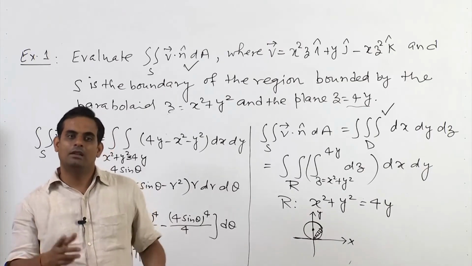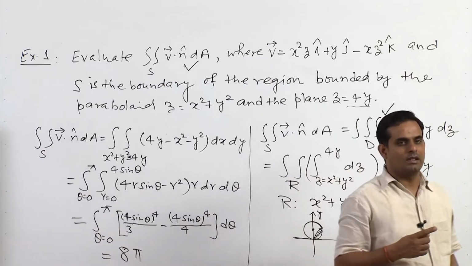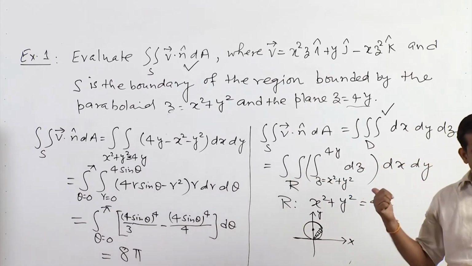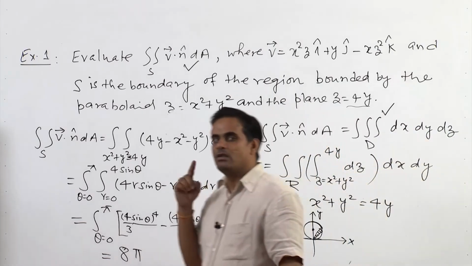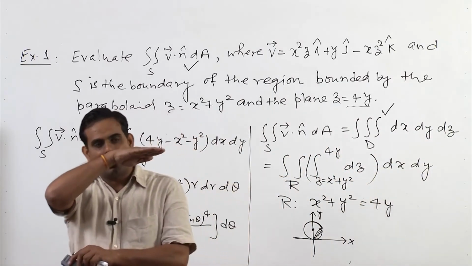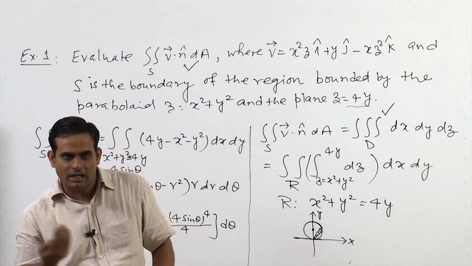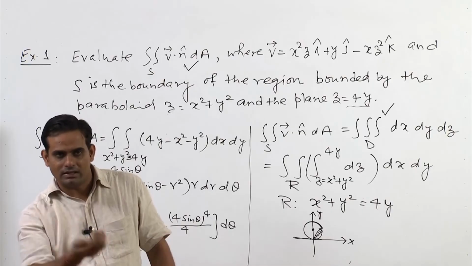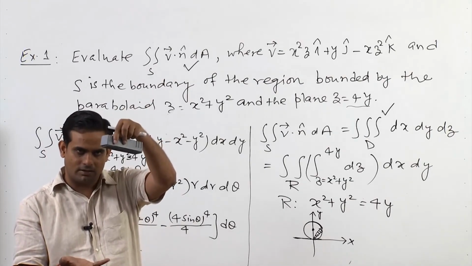For example, if you have to apply it on a cylinder, let us say x square equals y square plus z square, then what you need to do? You should have the upper circle which is closing the cylinder as well as a circular disc in the bottom to make the cylinder a closed surface.